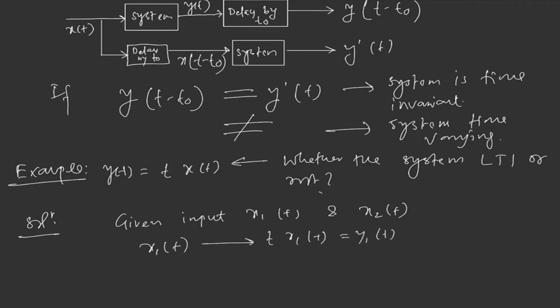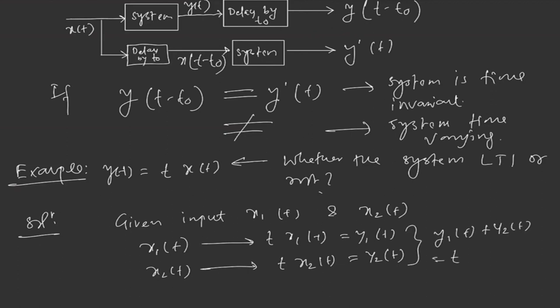And for the input x2(t), I'm writing T[x2(t)] and output y2(t). We can write y1(t) + y2(t) equal to T[x1(t)] + T[x2(t)].